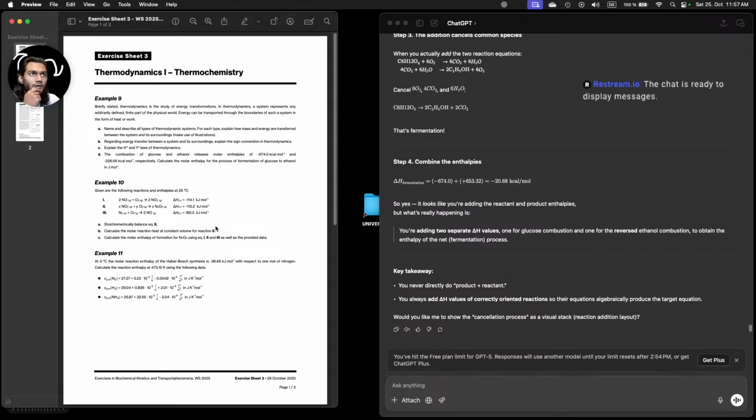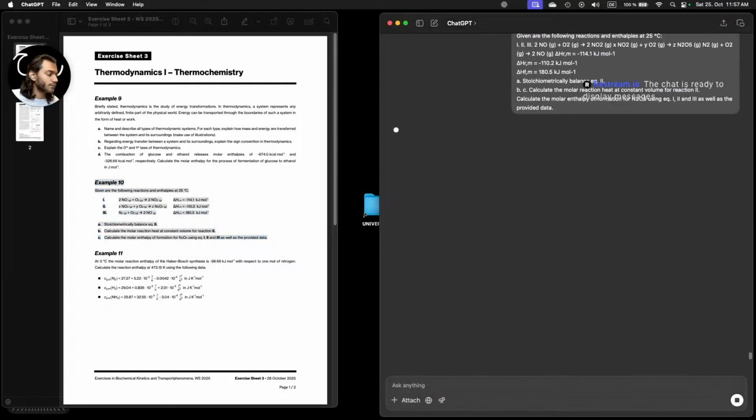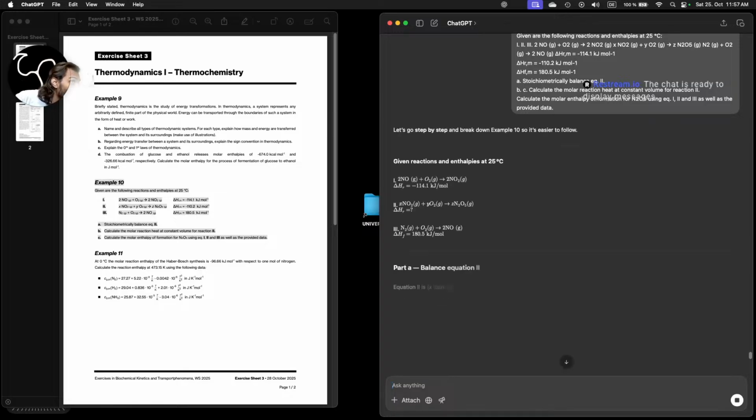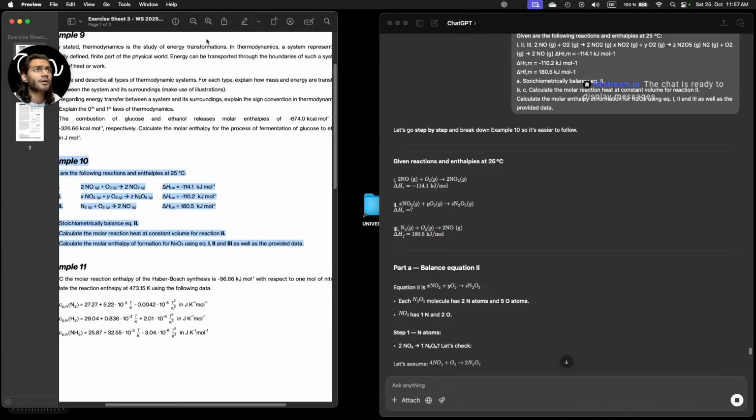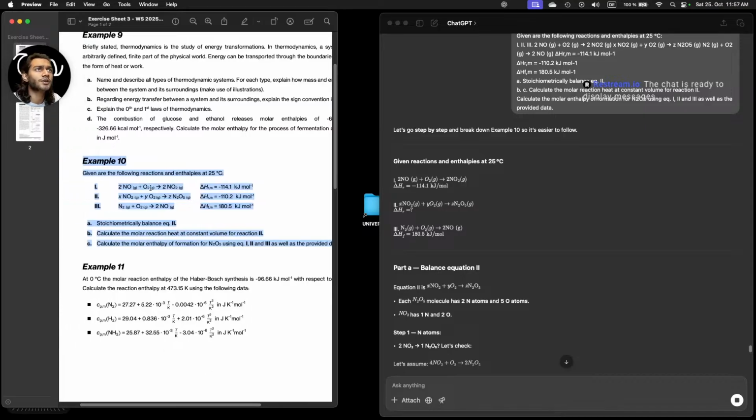So I just add, okay. For the next question: given are the following reaction enthalpies at 25 degrees Celsius. Nitrogen plus oxygen gives nitrogen monoxide.